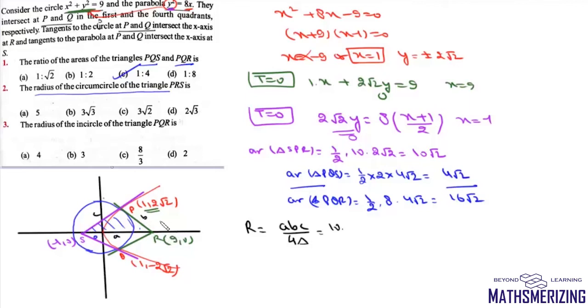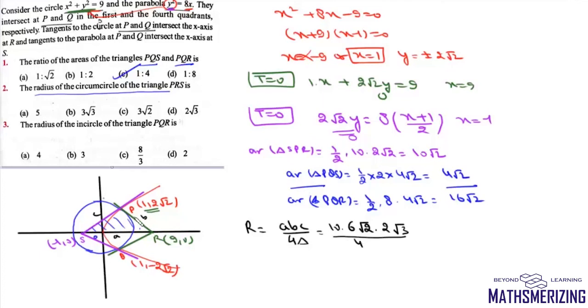B is root of 8 square plus 8, that'll be 64 plus 8, 72. Root 72 is 6 root 2. And then what is the value of C? This is 2, 2 square is 4, 4 plus 8, 12. Root 12 is 2 root 3. Upon 4 delta.